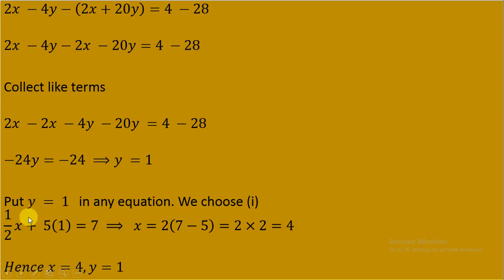And by the time you open this bracket and you take this to the other side of the equation, you have 7 minus 5, and you multiply this by 2. So you have 2 open bracket 7 minus 5, which is equals to 2 times 2, which is 4. So we have been able to solve the equation using elimination method. We now have the solution: x equals 4, y equals 1.